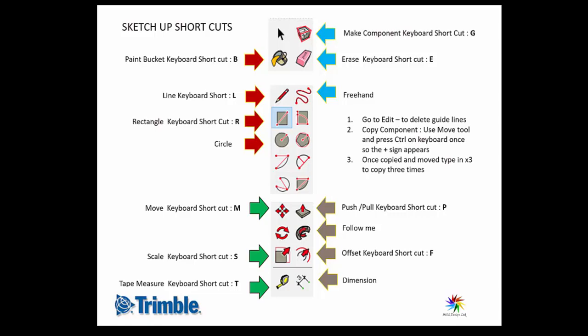We have a keyboard shortcut for movement, which is M. We have a shortcut for scaling, and so hopefully this overview will give you the ideas of how you can use shortcuts in order to work a lot more clearly. Also, it gives you an indication as to how the toolbars are used.